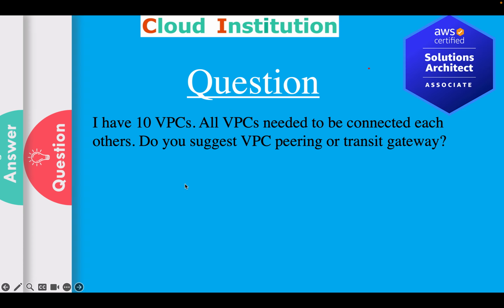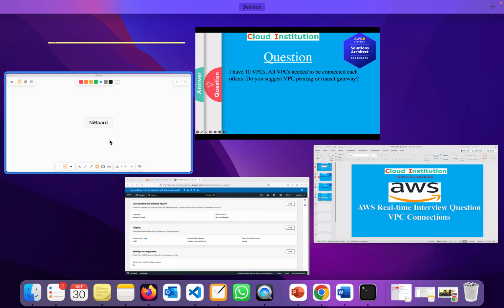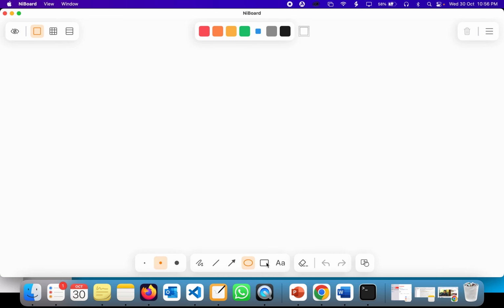So now let's try to understand what is VPC, what is VPC peering and what is transit gateway. For example, I have 10 VPCs. I'm not going to write everything, but I'm just randomly writing some VPCs like this.